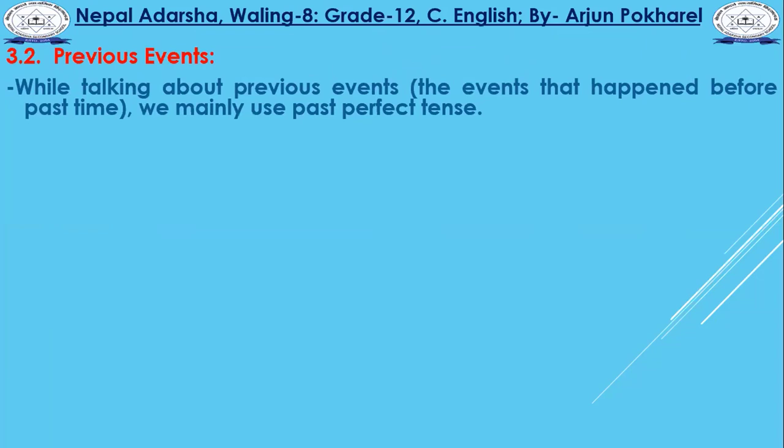While talking about previous events, the previous events refer to the events that happened before past time, we mainly use past perfect tense. An example will be given here, and you have to make two different sentences using the past perfect tense.